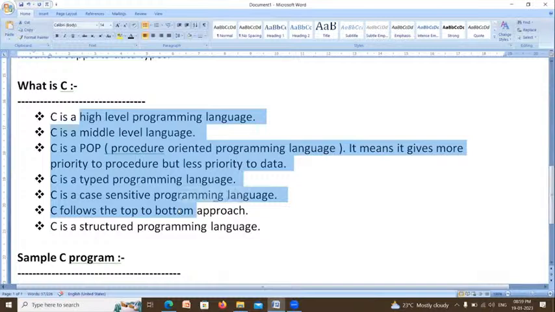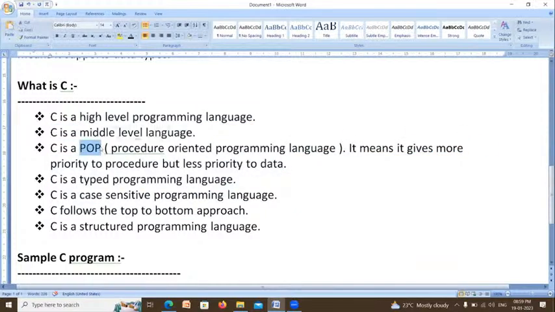Whereas Java is executed from bottom to up. C++ also is executed from bottom to up. All object-oriented programming languages are executed from bottom to up. All procedure-oriented programming languages are executed from top to bottom. Clear? Yes, sir.